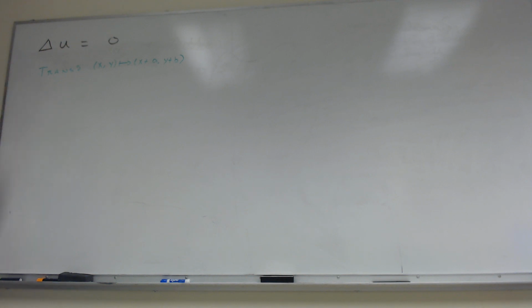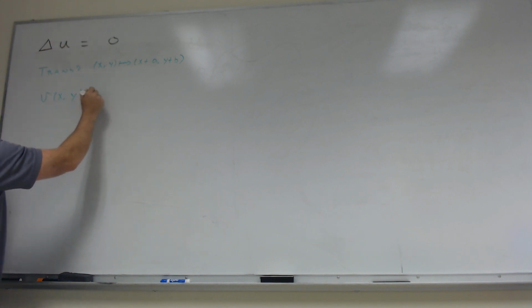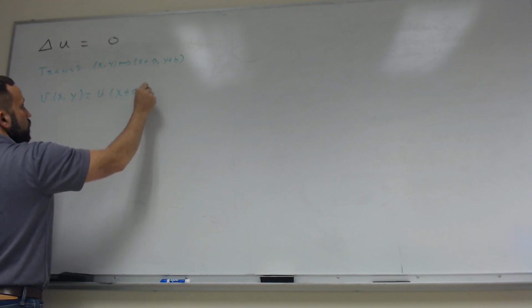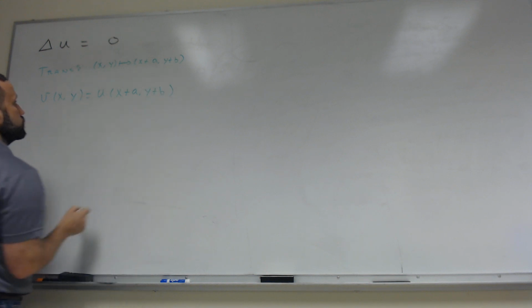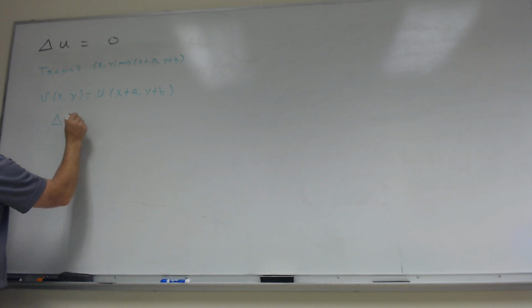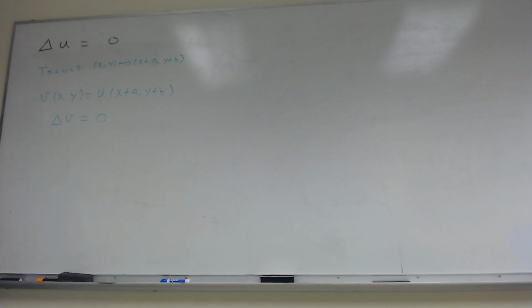And so when I say that the Laplacian is invariant under translations, I mean if u satisfies the Laplace equation, and I define a new function, v of (x, y) equals u of (x plus a, y plus b), what I mean then is that the Laplacian of v is also equal to 0. Okay. And really, we can even say a little more than that.